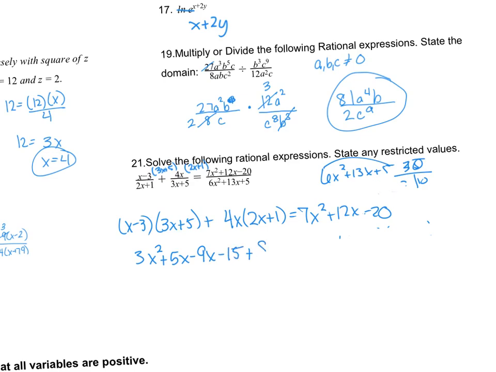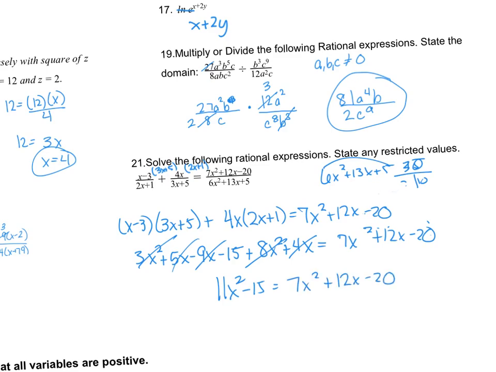Let's distribute. 8x squared plus 4x. Combine like terms, so we have 11x squared. 5x is negative 4x plus 4x, and then that cancels. Minus 15 equals 7x squared plus 12x minus 20.